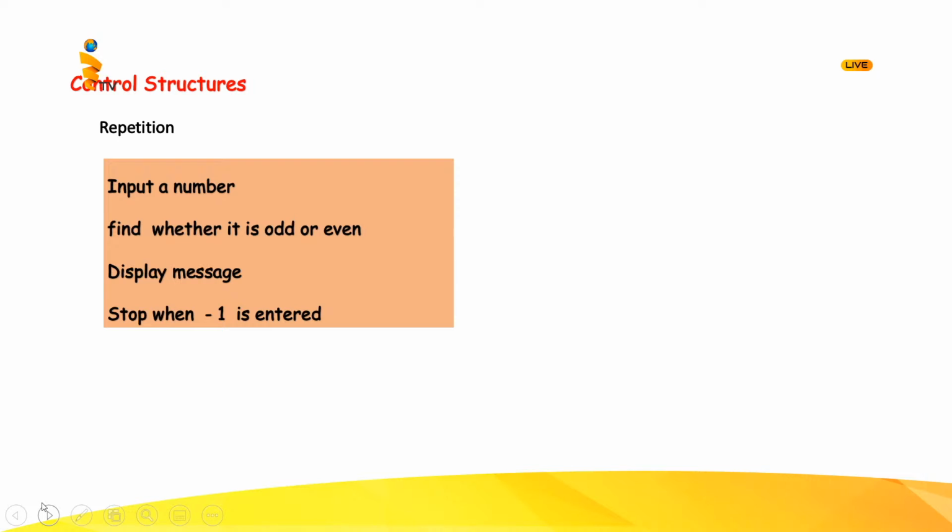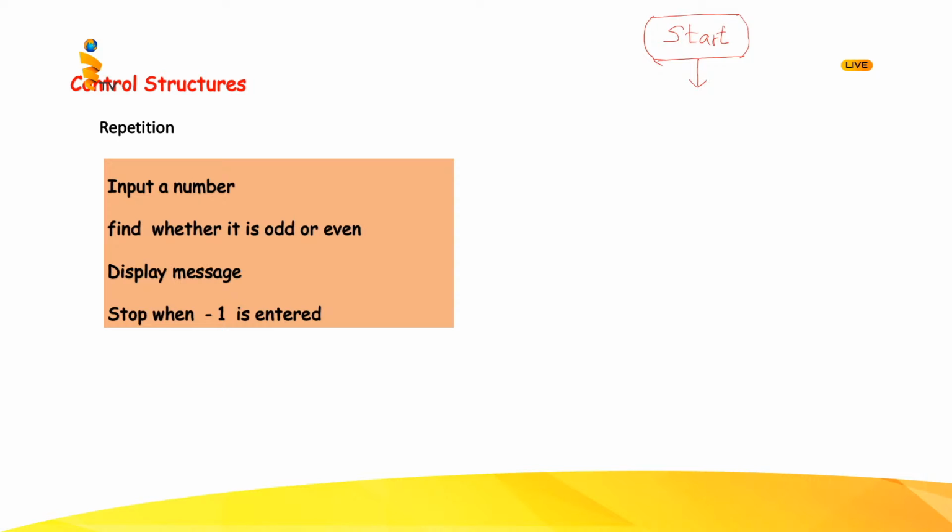Okay. Now I will start from my start symbol. You know, for start we use a rounded rectangle. Then I have my arrow. Now what should I do?